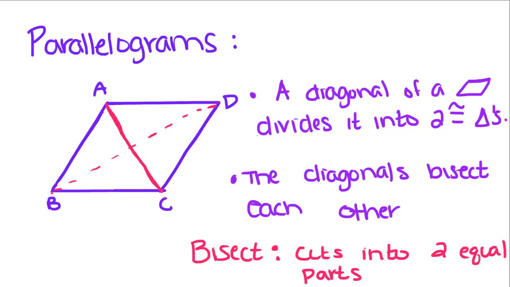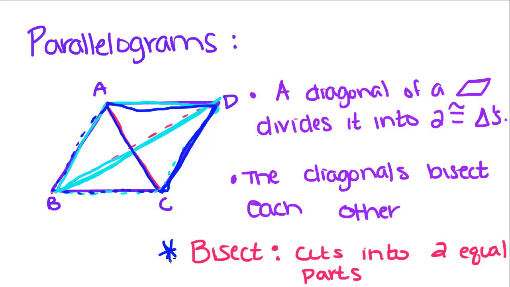So if we're looking at this diagonal first, this triangle formed right here is congruent to this triangle formed right here. And if we're looking at the other diagonal right here, this triangle right here is congruent to this triangle right here. The diagonals also bisect each other.